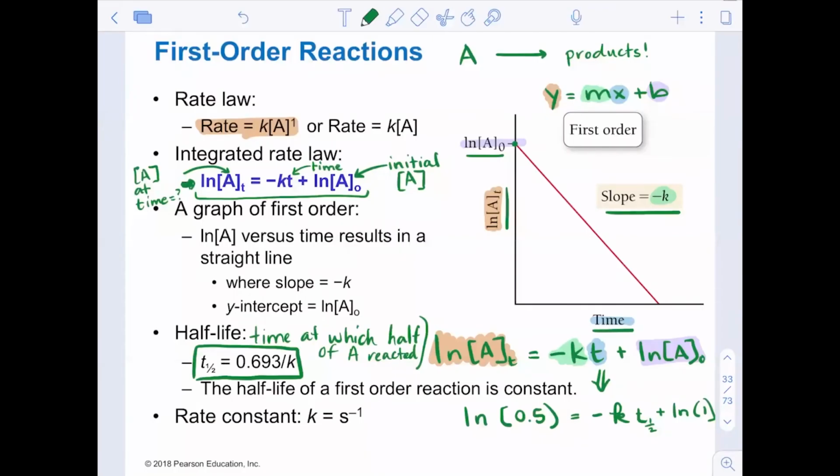The ln of 0.5 is negative 0.693, which equals negative k times the half-life plus 0. Ln of 1 is 0. So then we just divide both sides by k and minus 1. And that's where we get our half-life is equal to 0.693 over k. The negatives cancel and k will be in the denominator.